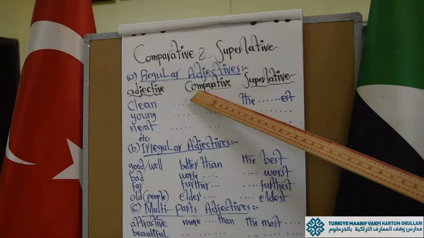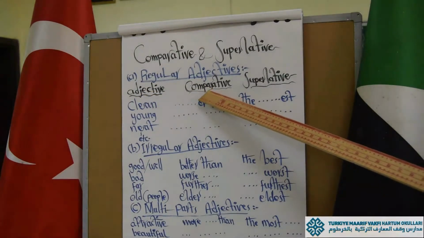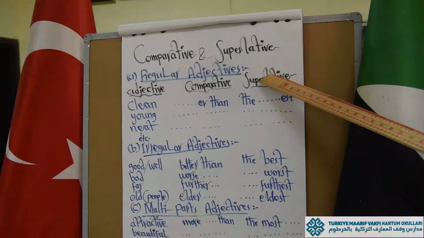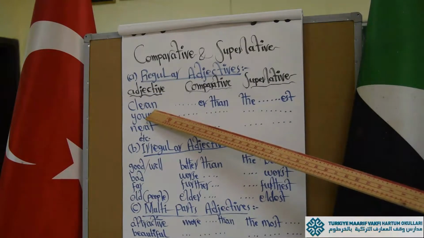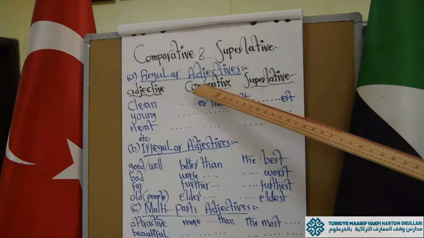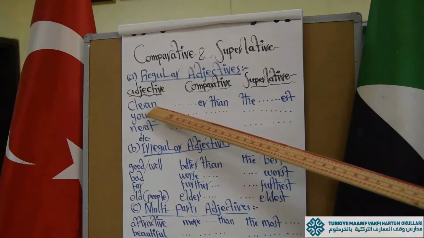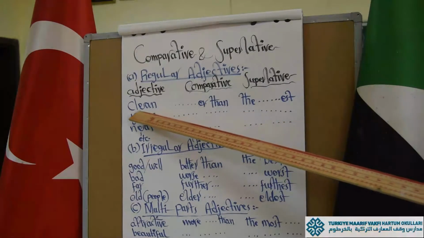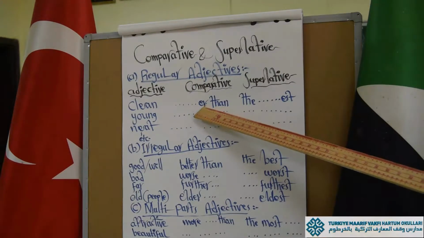Let me say once again: we have an adjective, but when I say comparative, it means between two, and superlative means more than two, maybe three and more. With the adjective, I can only say one thing is clean. But if there are two things competing on this adjective, I can say this one is cleaner than the other. So the adjective clean, yes, I have added ER at the end.